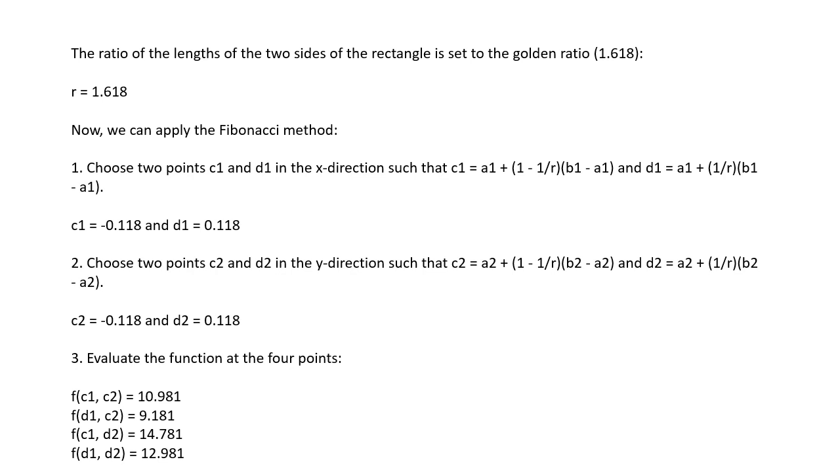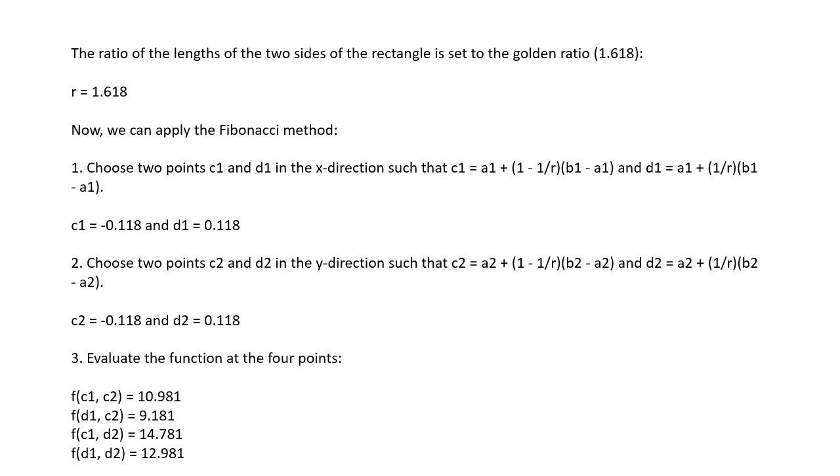Then we apply the Fibonacci method as we know. We choose 2 points C1 and D1 in the x direction, such that C1 is equal to a1 plus (1 minus 1/r) into (b1 minus a1), and d1 is equal to a1 plus 1 by r into (b1 minus a1). As you can see, this is very similar to the Fibonacci method in one variable.